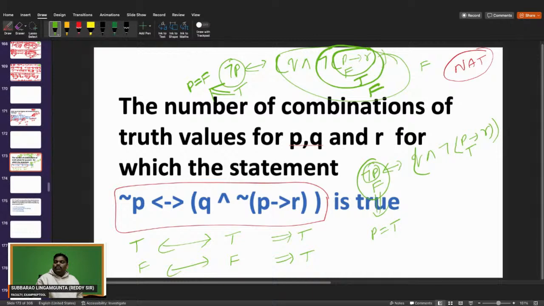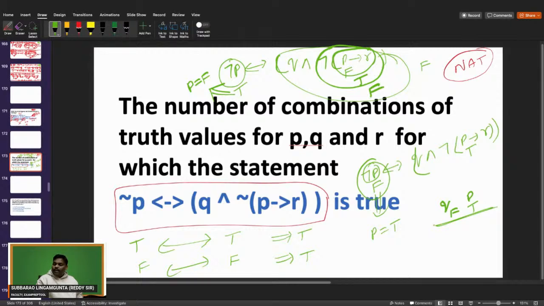Now, how many ways can you make it false? Left false means right should also be false. P is already true. So if Q is false, then it is going to be a false statement. What about the R value?